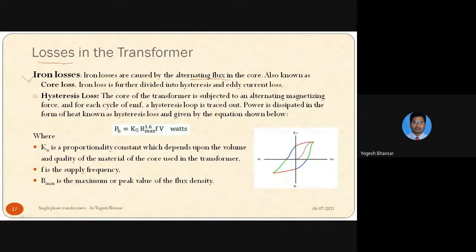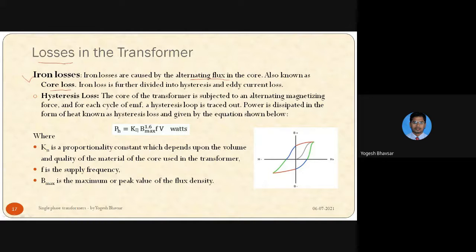So the transformer winding will produce the alternating flux, and due to that there will be magnetic losses taking place in the iron core, and these are called the iron losses, also known as core losses. As these are happening in the transformer core, these are also called core loss. Iron loss or core loss, same thing, don't get confused.